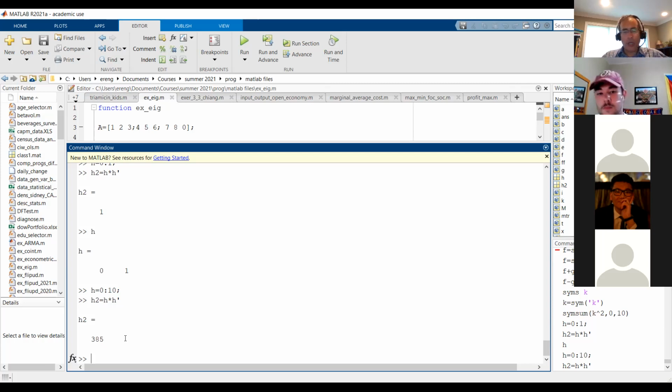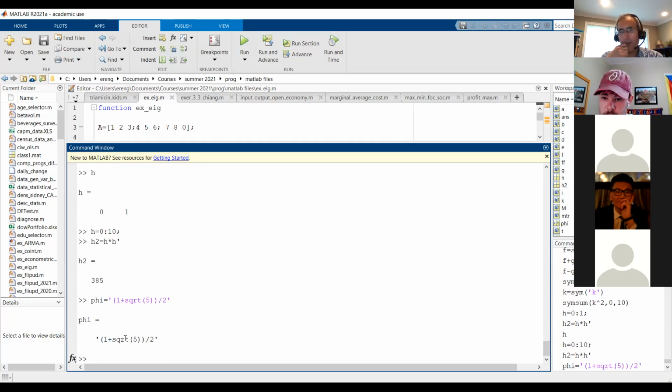Okay, now guys, let's go to something that's really cool: how do we tell MATLAB to execute something? Let's define, for example, phi as simply 1 plus square root of 5, the golden ratio, divided by 2, and I will define this as a character. If you want MATLAB to execute, to solve the formula, when you have a character, what you use is simply eval.